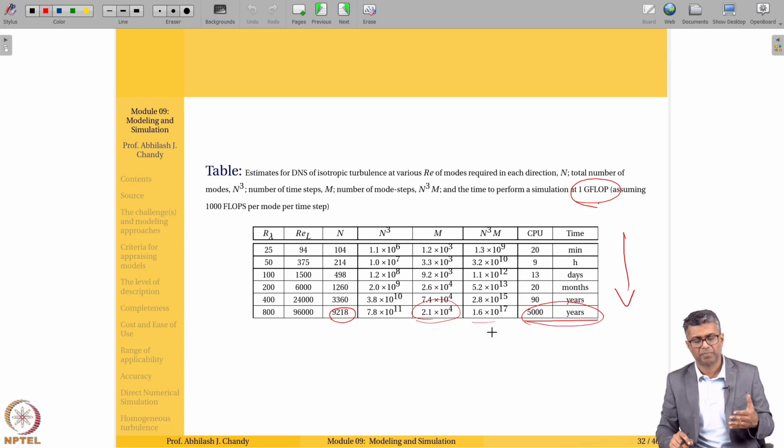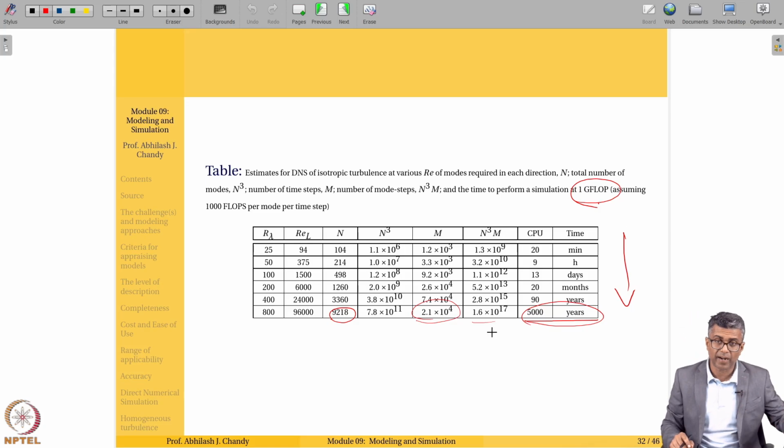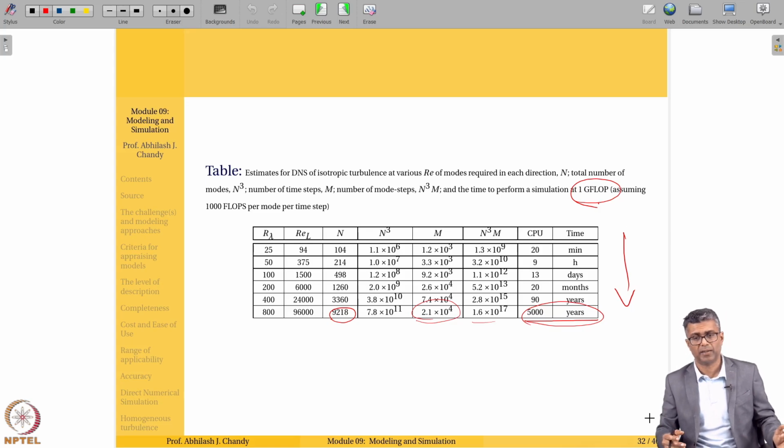So at a relatively low R lambda, like 25, even though you will find a lot of literature that has done calculations at R lambda equals 25, R lambda equals 50, they are considered to be turbulent, yes, but they are relatively low Reynolds numbers, and the turbulence is not that high. And in these cases for 25 and 50, as you can see, if you run it on a gigaflop machine, it takes hardly any time, 20 minutes and 9 hours and all that.